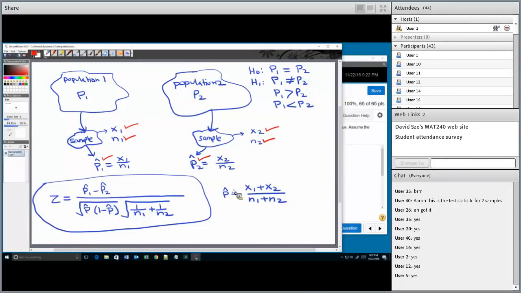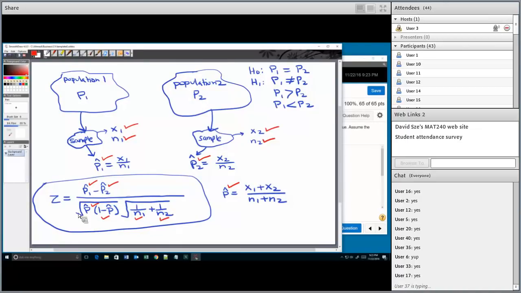Do you also agree that I can calculate my p hat? All I have to do is sum the x's and then sum the n's. And then using this equation, I can calculate p hat. Do you agree with that? Right? It's very simple. Okay. So now do you agree that I have p1 hat, I have p2 hat, I have p hat, I have this, I also have n1, I have n2.